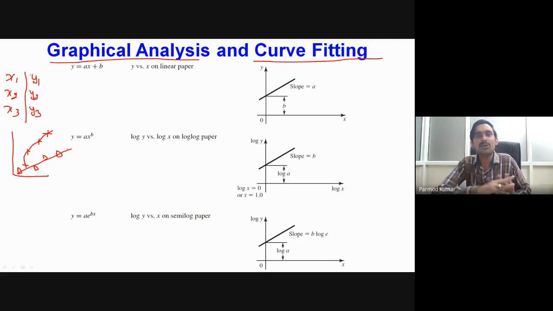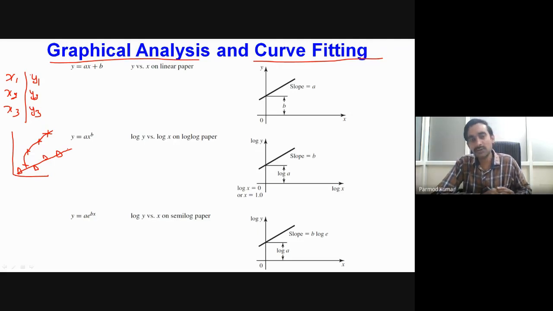Whatever experimental data we have obtained, from that data we generally try to do curve fitting, and based on the curve fitting we try to establish correlations between the parameters under observation.